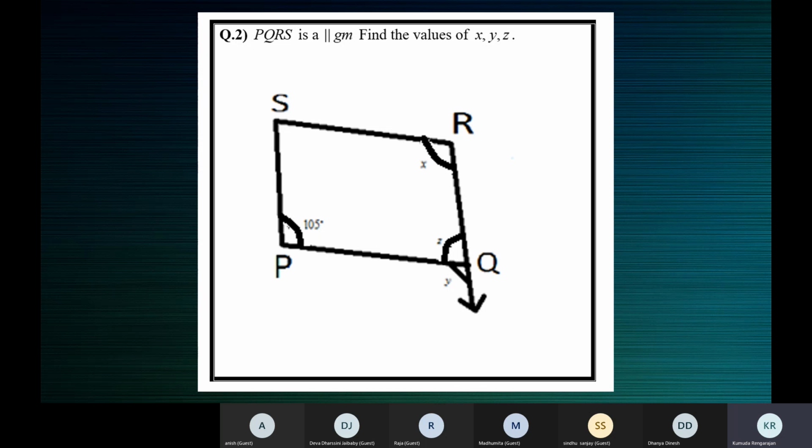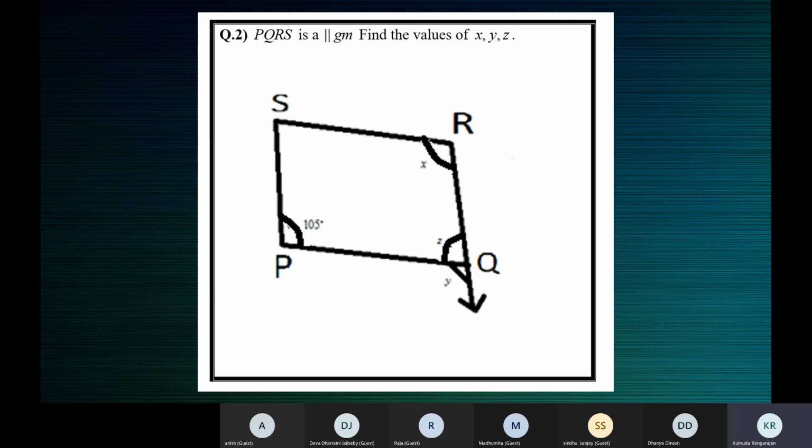When the lines are not parallel, we have two lines cut by a transversal. You can identify pairs of alternate angles, but they're not equal because the lines are not parallel. If the lines are parallel, then the angles are equal. And when it comes to co-interior angles, they are supplementary when the lines are parallel.